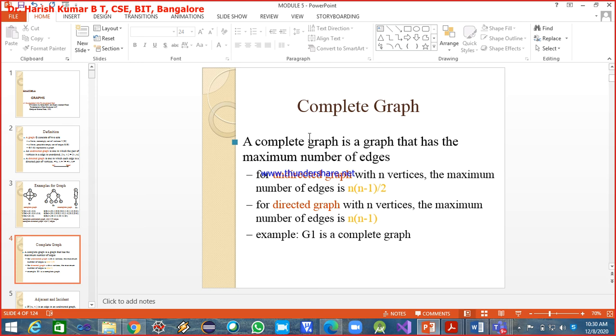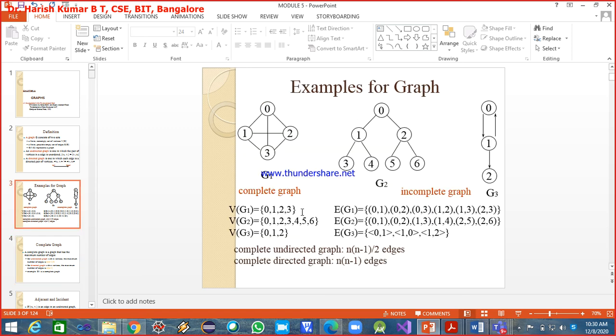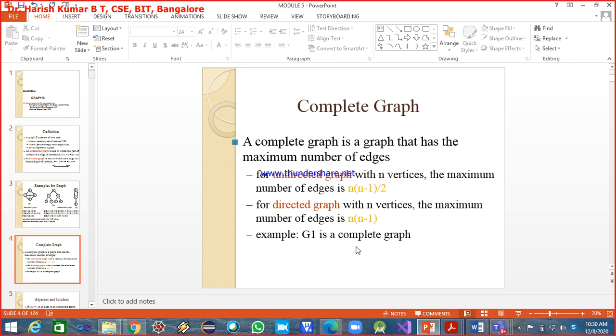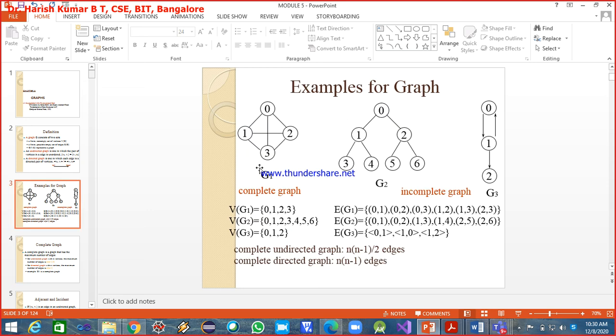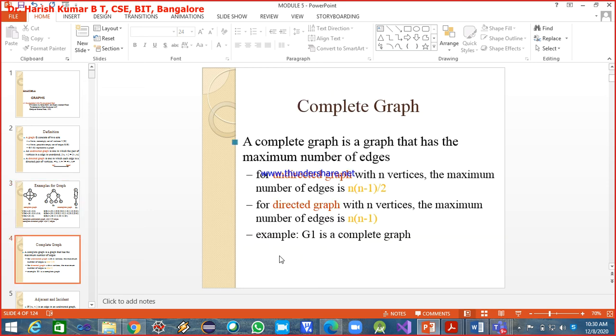And similarly, for a complete directed graph with n vertices, the maximum number of edges is n into n minus 1. These formulas you have got to remember. That is what we discussed here also. And G1 in the previous example is a complete graph, to be more specific, a complete undirected graph.